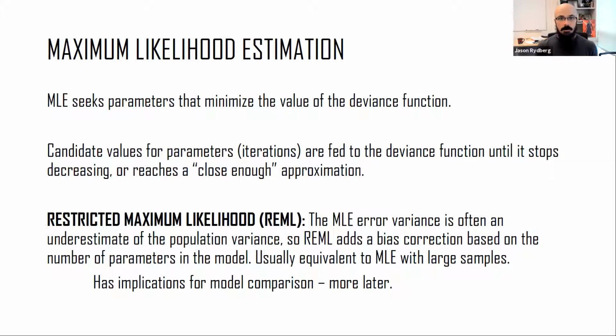In order to arrive at these, it will run through what are called iterations. It will start with a set of candidate values, and then search for potential parameter values using a very informatively named technique called, I think, the numeric method, or something like that.